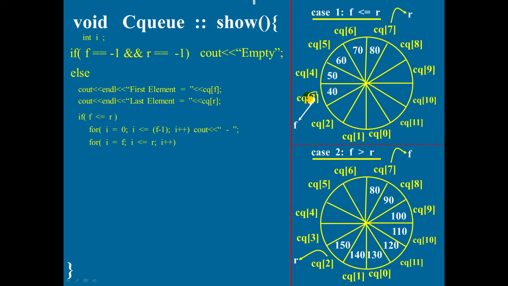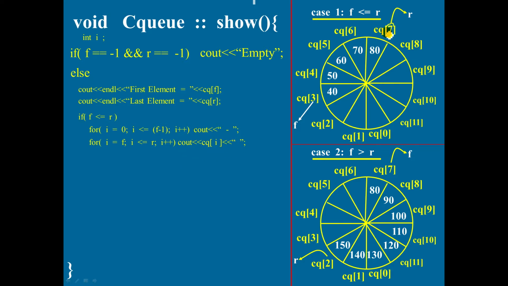So I contains this index, so the element will be CQ of I. So you can write cout output operator CQ of I, and after displaying one element there should be space. Otherwise the elements will appear together.